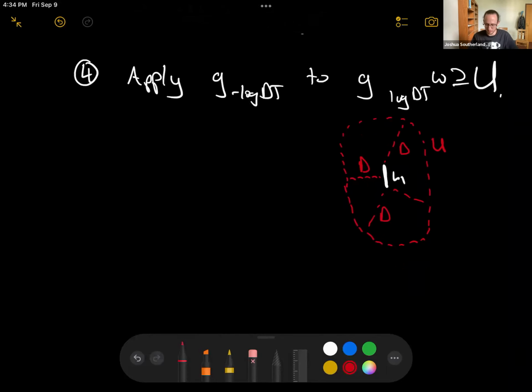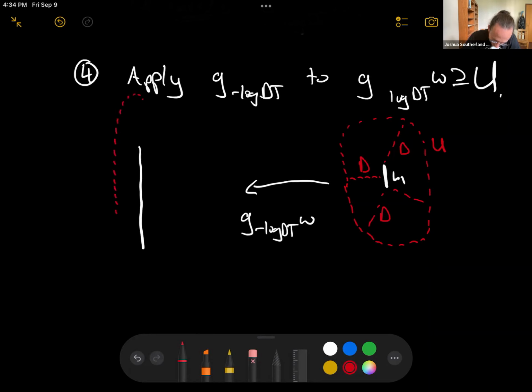Okay, so I have this big neighborhood. And now I'm going to apply g minus log dt omega to this picture, and we're going to end up with the old trajectory that we had, and then something kind of like this. Okay.